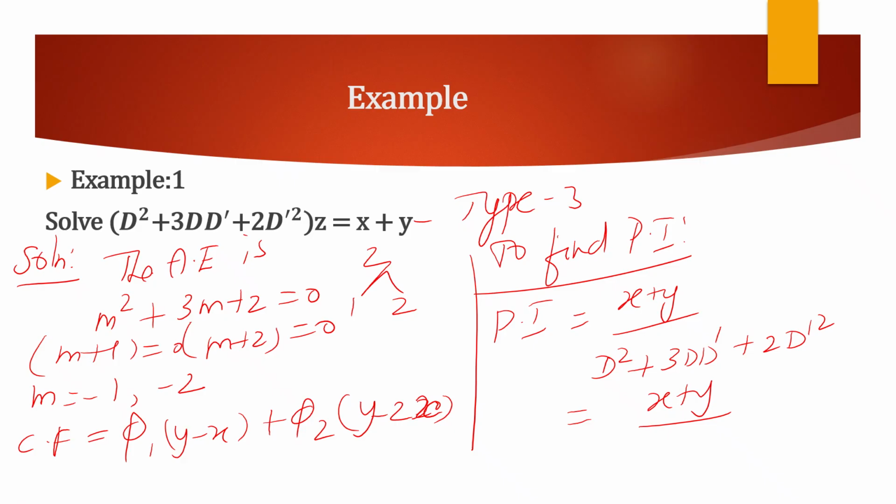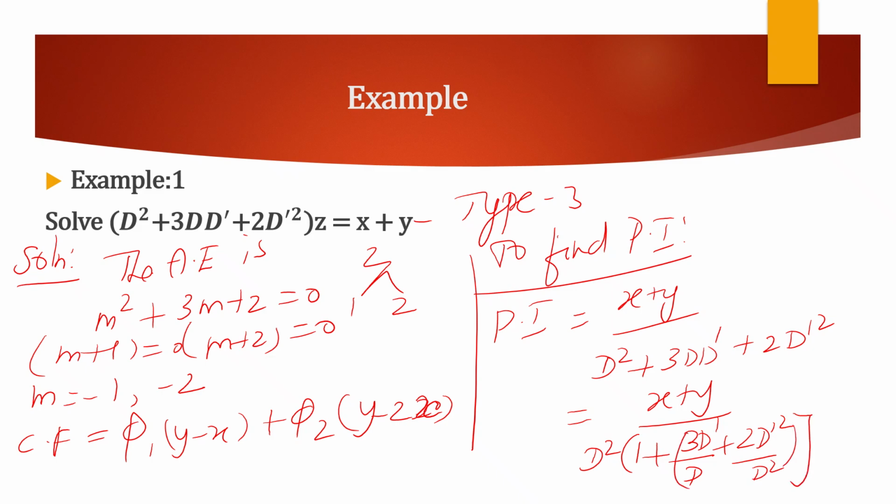So I want 1 as the first term, so I'm taking d square outside from this denominator term. So from this I'm getting 1 plus 3 d dash by d plus 2 d dash square by d square. So this is what our x term.